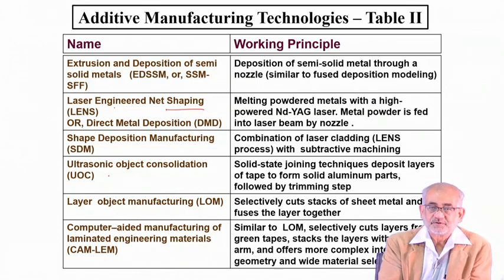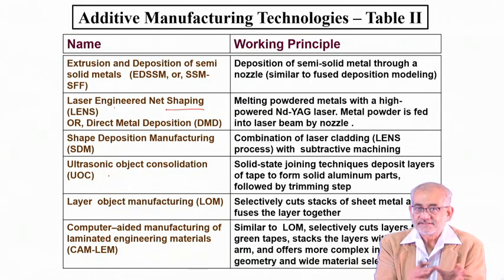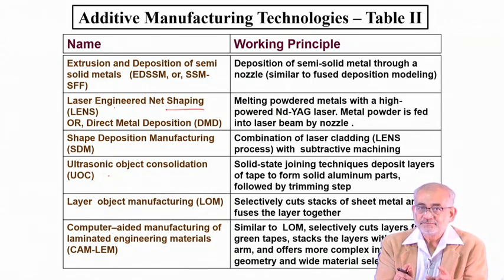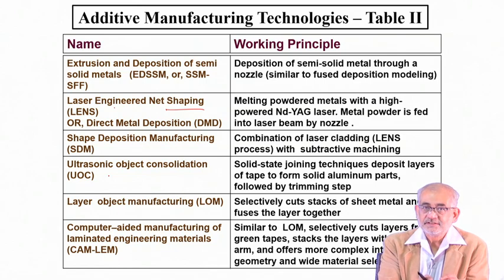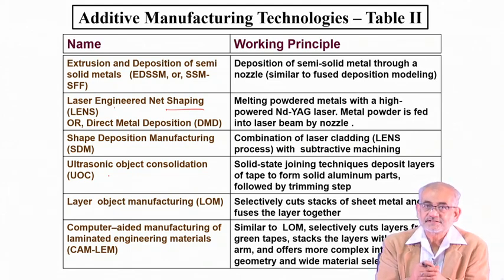These are various names possible. Essentially, if you are feeding powder or wire or tape or rod, in all these cases, that's the feed side, that's the material side, and it can be one material, it can be multiple materials with multiple feeding points, or multiple materials with a prefabrication process bonded in the form of a wire or a tape, which is not material A alone, but A plus B or A plus B plus C in various volume fractions, in varying volume fractions, and so on.